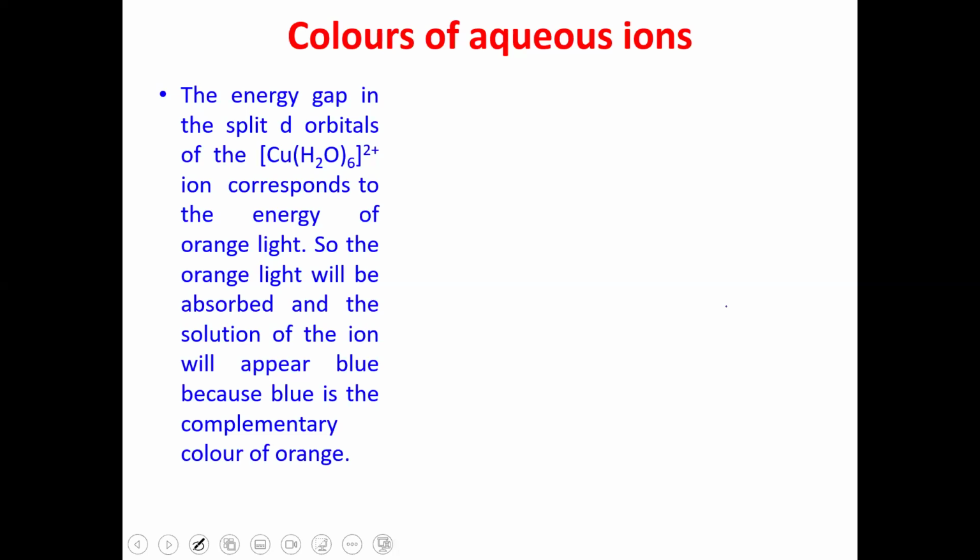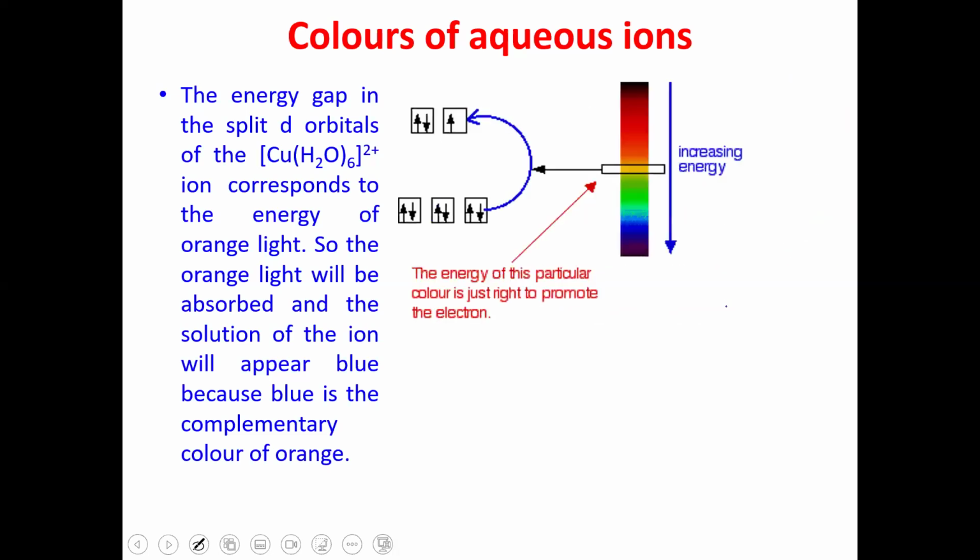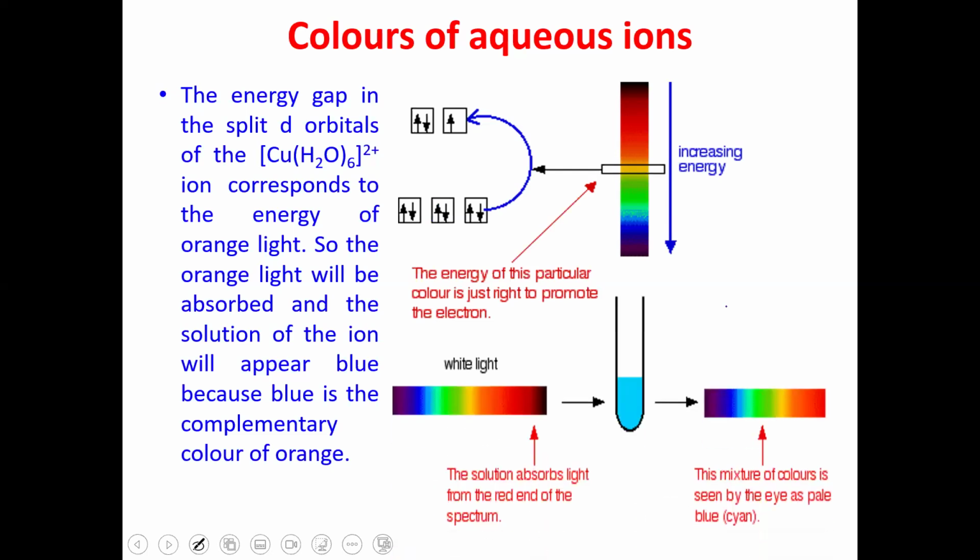So the orange light will be absorbed and the solution is like this. So this is the processing of energy, and look at this blue color. This is copper, and copper ion solution is the most discussed one.